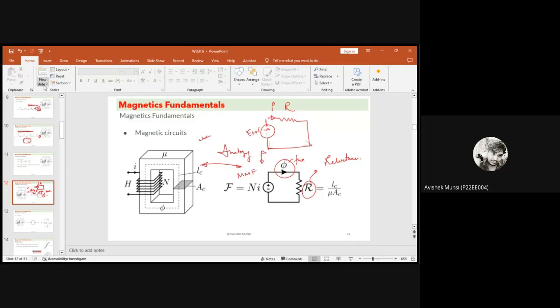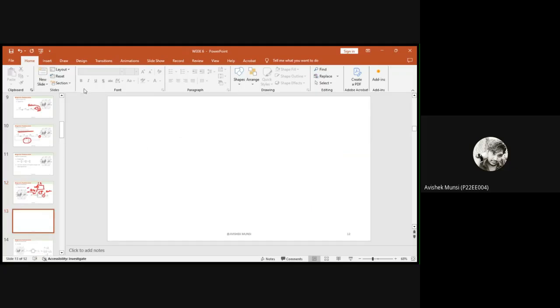From this analogy, we can define reluctance. What is resistance? From Ohm's law, resistance is V by I, where V is EMF.